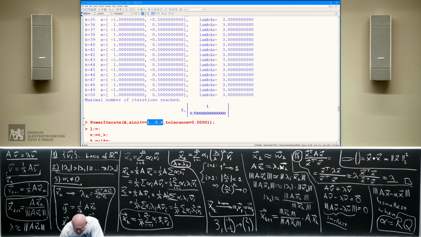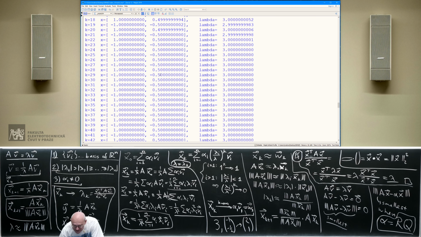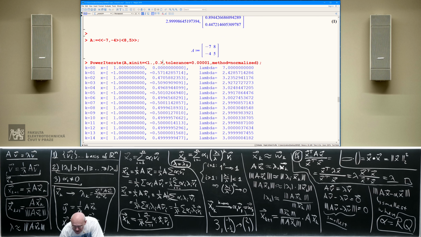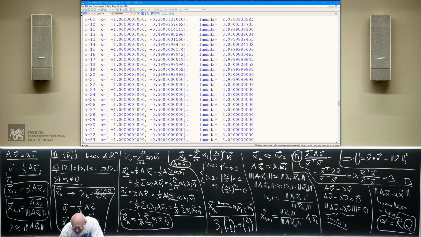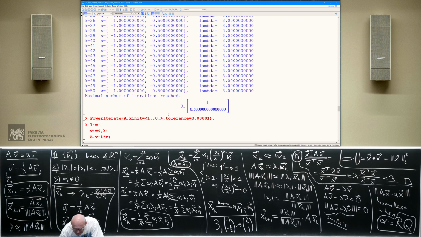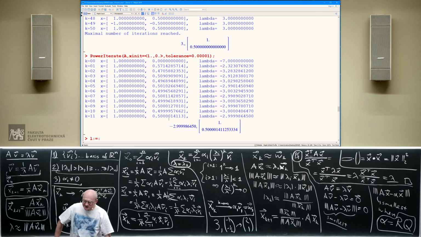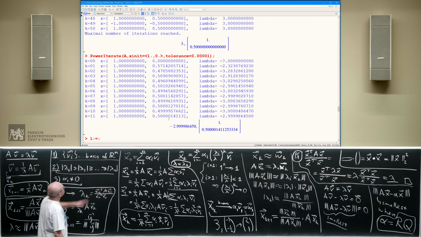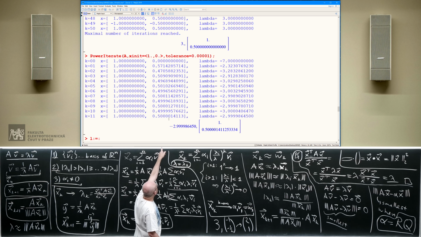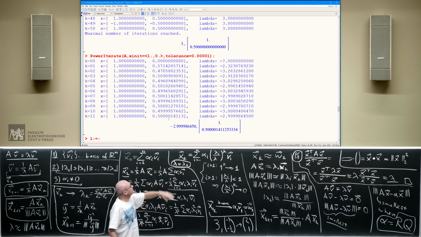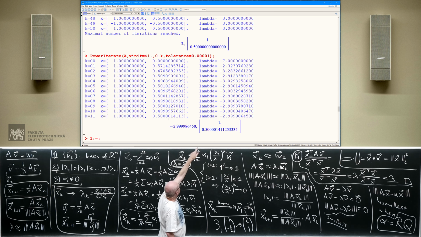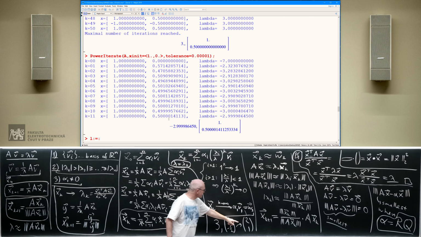I just specify the initial vector, which is the same as before, 1, 0, for comparison, and let's see what happens. In about 11 iterations, we are getting an estimate of the eigenvalue negative 3. That's what we expected. And the vector seems to be 1, 1/2, which is the same direction, and it fits.